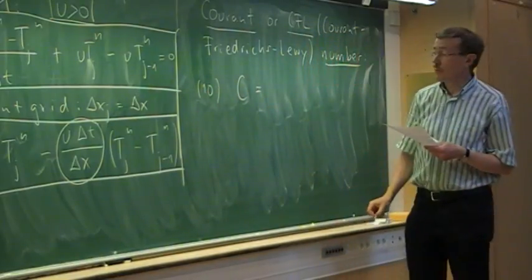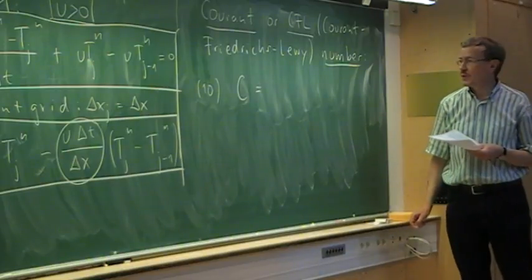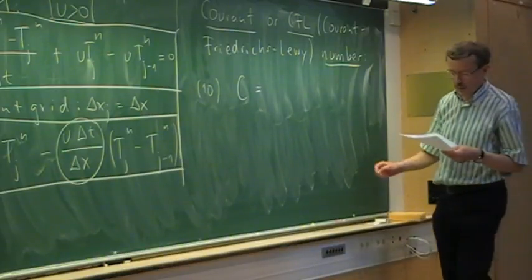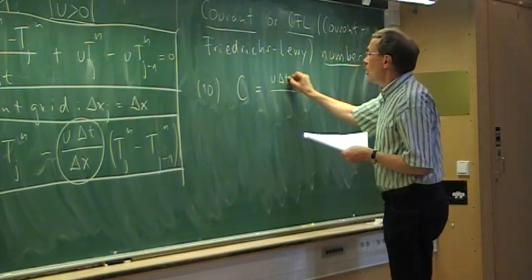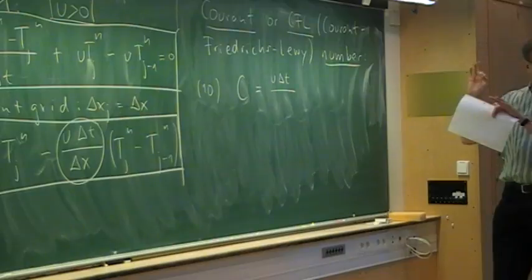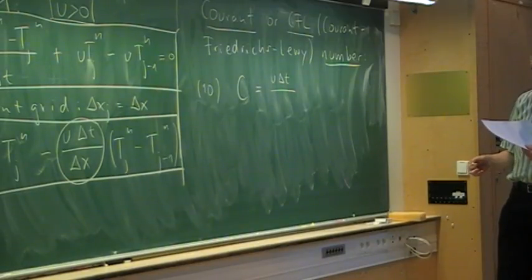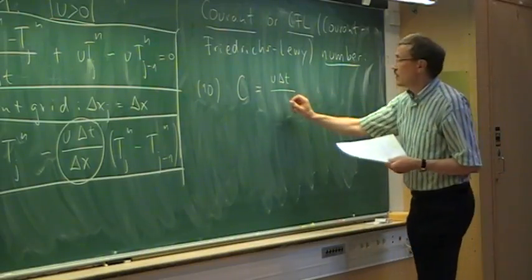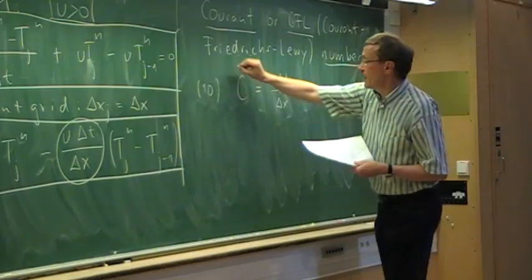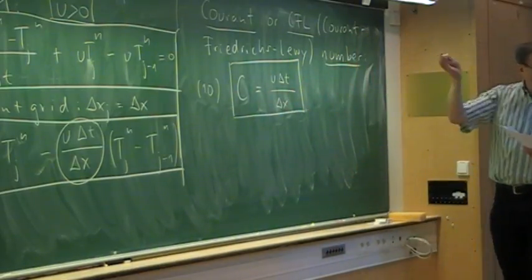I use this notation, capital C. I think it's also used in our textbook, and that is in our case the ratio of the distance traveled by the temperature profile, or whatever quantity is transported, in the time delta t divided by the grid spacing delta x. And if u is negative, then the Courant number is negative.